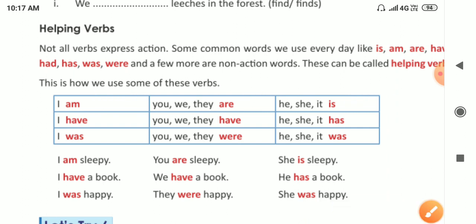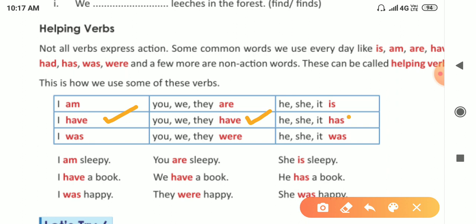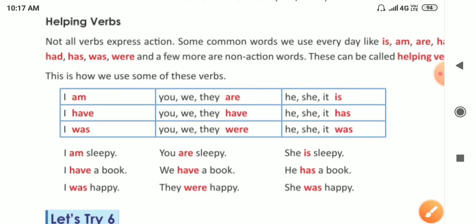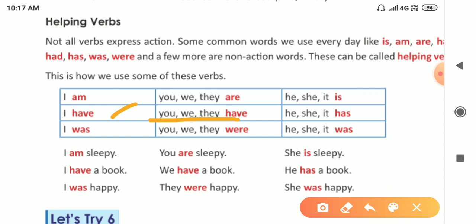Clear? Next, we use have with I, and with you, we, they also we use have. And he, she, it, these are the singulars, so here we will use has.